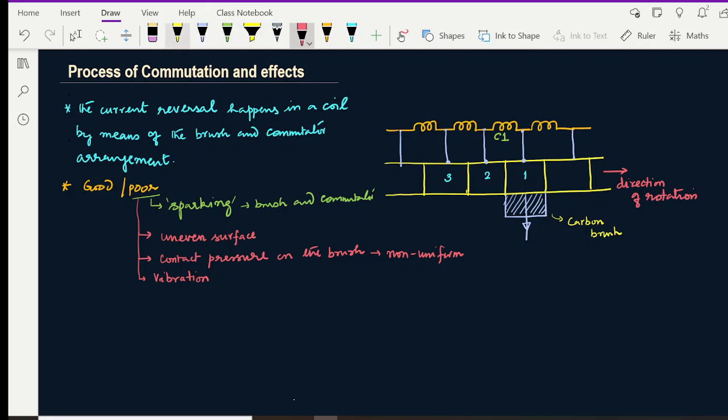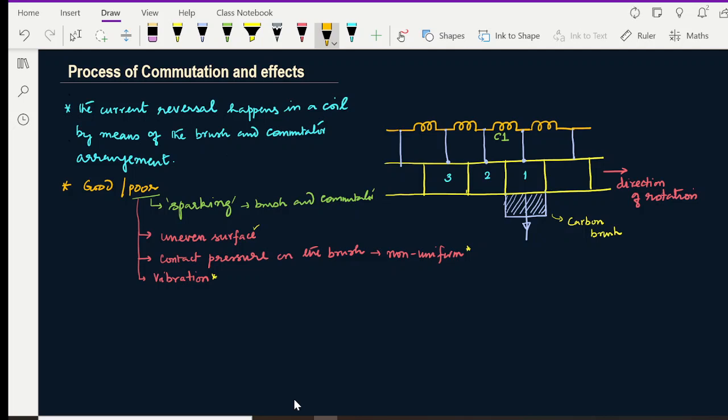Probably in our physical class, we will be looking at these two points. But this uneven surface on the commutator is basically because the copper material used in the commutator would have eroded, or a manufacturing defect itself would have caused some problem. But the point here is, is this only due to a mechanical reason?